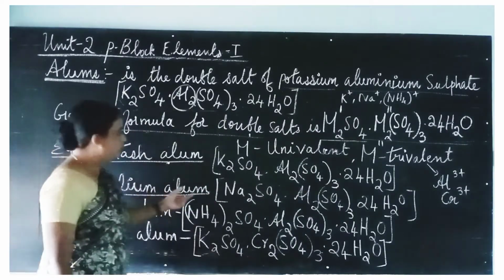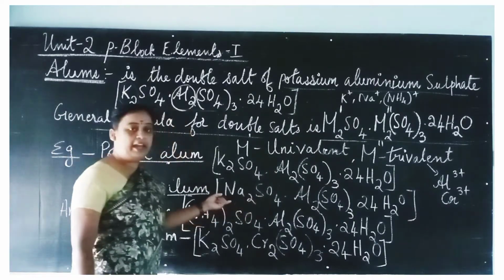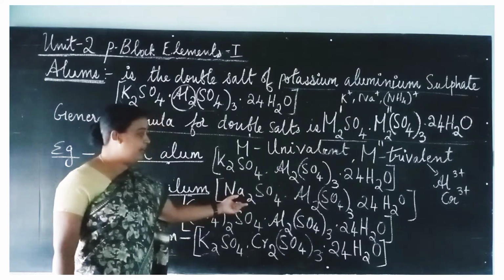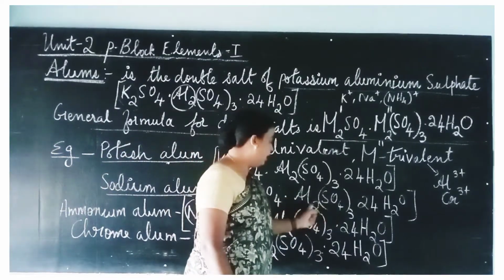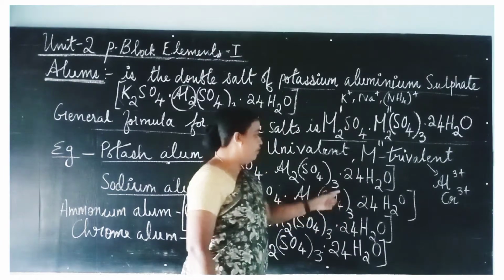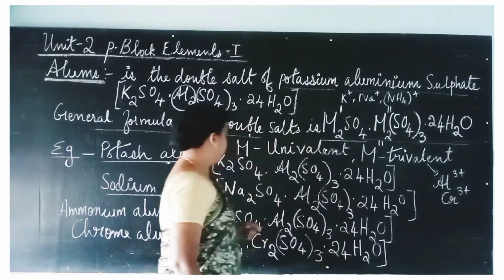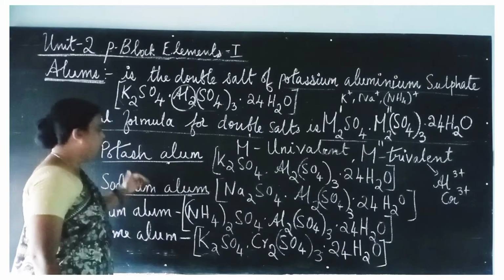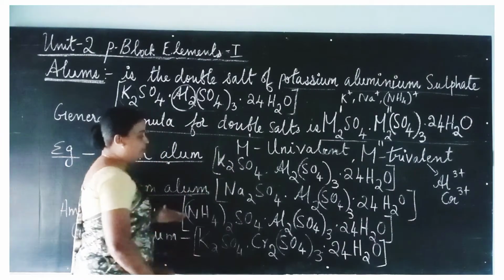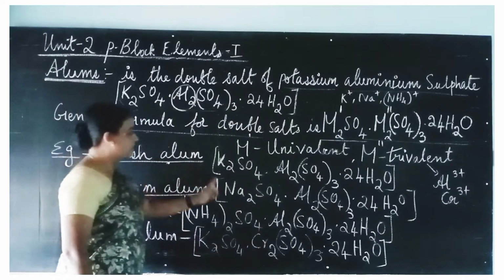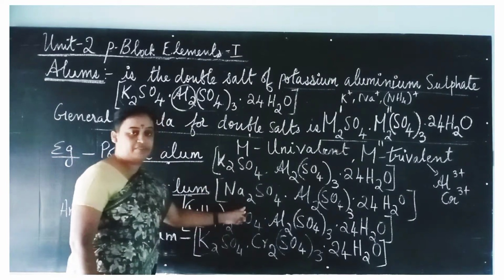Here the first salt will be Na2SO4, sodium sulfate, and the second salt will be aluminium sulfate, Al2(SO4)3, with 24 water molecules. What is the difference between potash alum and sodium alum? In potash alum, the first salt is potassium sulfate, and in sodium alum, the first salt is sodium sulfate.